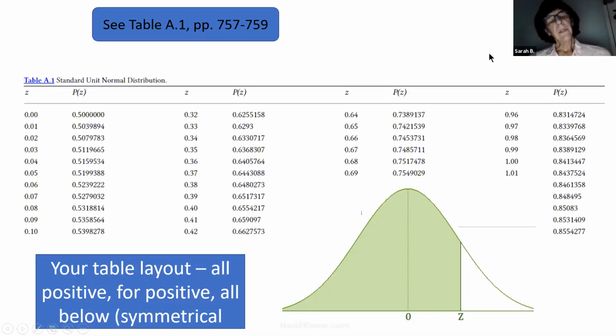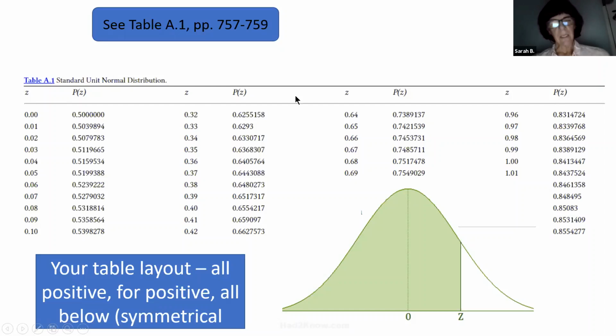So there are many different ways of laying out Z tables. And if you look online, you'll see very many ways. Your textbook actually has a fairly simple presentation, which is that for any Z-score, say Z equals 0.05, you have 51.99% of values in the normal distribution will be below that value. And all the values given for Z's are positive.